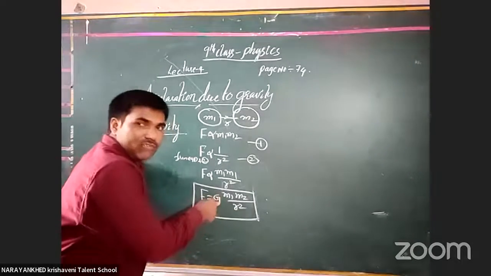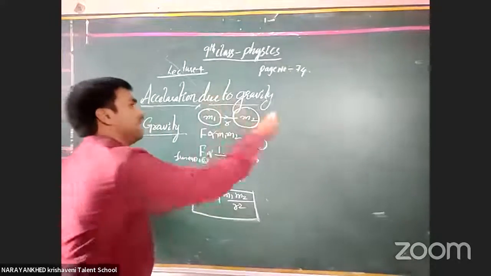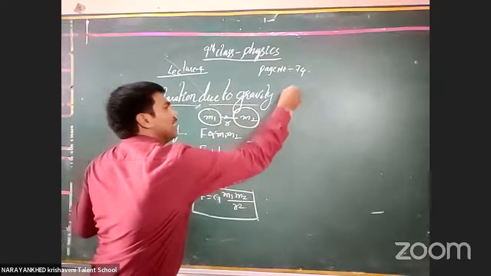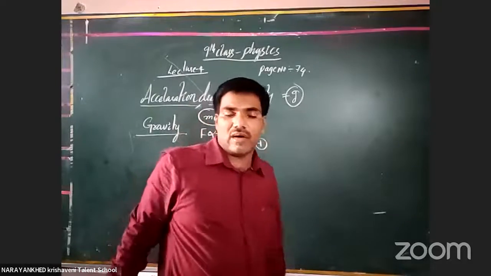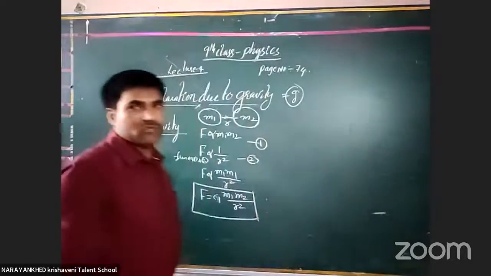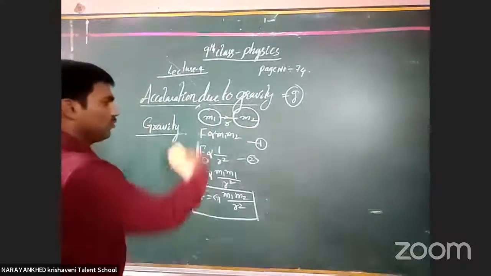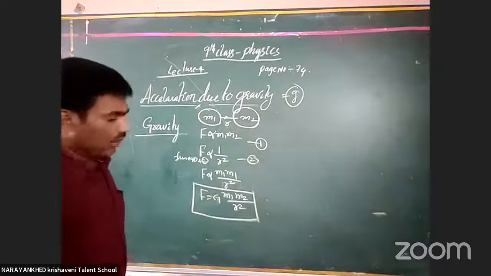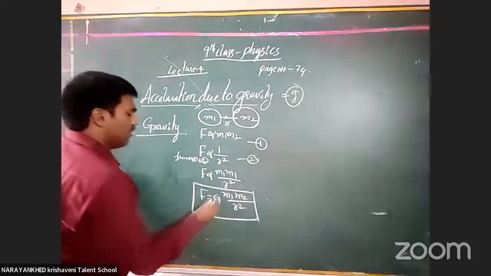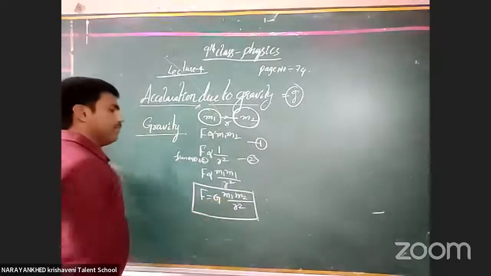This gravitational force is produced with what? g, acceleration due to gravity. This is contained in your first page. Please note it down if required: gravitational force F is equal to G into m1 m2 by r square.